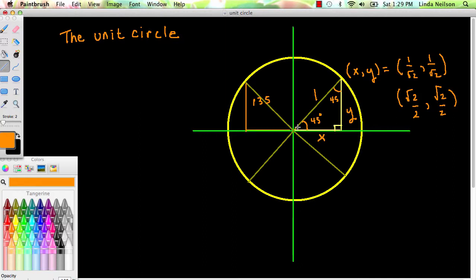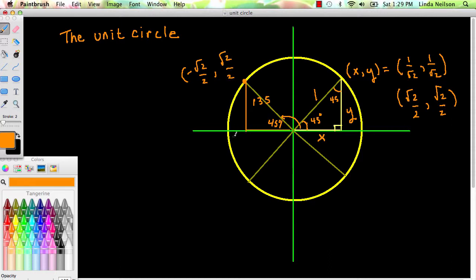And this x, although it's to the left, is also going to be the same, because if this is 135, then there's a 45-degree angle in this triangle, which means that these two sides are also of length 1 over root 2. So this point is going to have coordinates x is root 2 over 2, except this time we have to go left, so that's going to be negative, and y is going to be positive root 2 over 2.